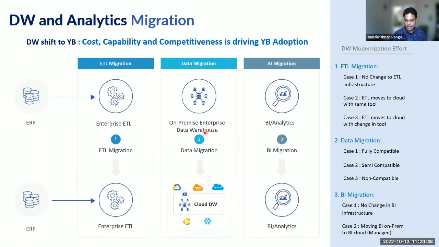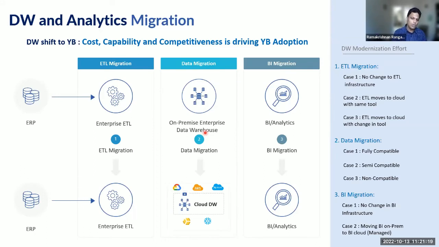So what I mean by that is, yes, from the heart, you can migrate from an on-prem traditional data warehouse like Netezza to a modern data warehouse platform like Yellowbrick. And the enterprise ETL platform can also be migrated or modernized to a more cloud native, scalable, highly flexible, highly efficient ETL component. On the other side, the analytics migration can also be done.